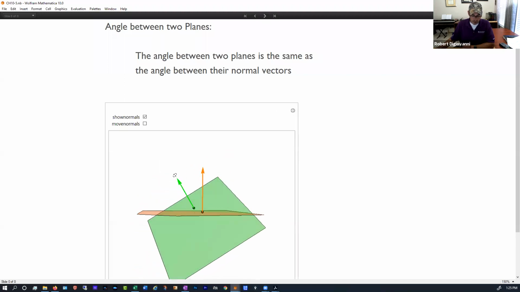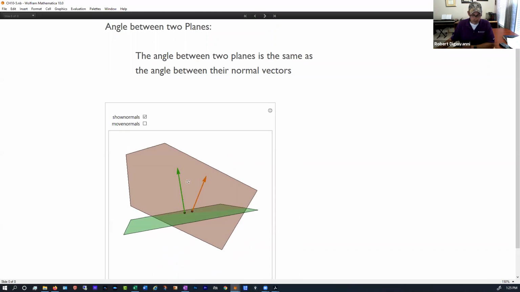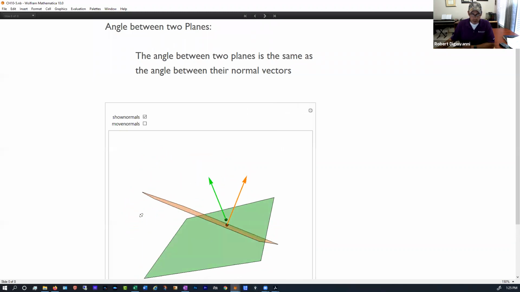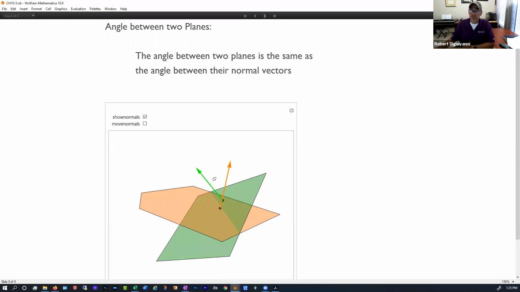The orange vector is the normal vector of the orange plane, and the green vector is the normal vector of the green plane. Whatever the angle is between these vectors should correspond to the angle between the planes, because they're both 90 degrees from the plane. If you rotate both of those 90 degrees, they'll be laying on the planes.